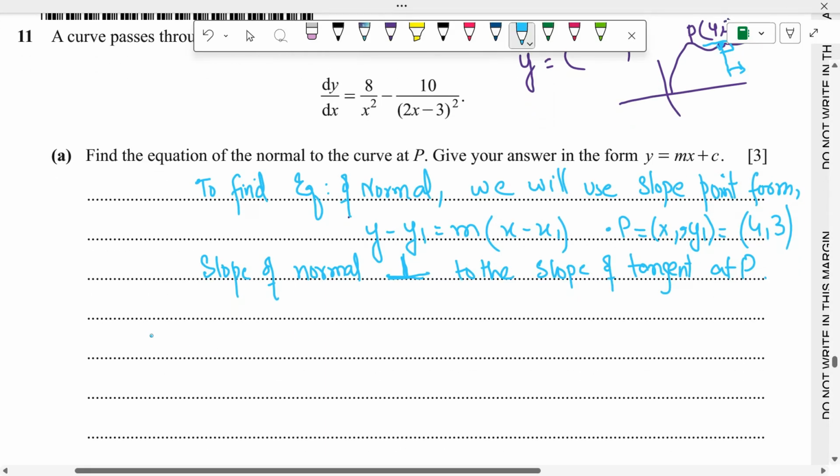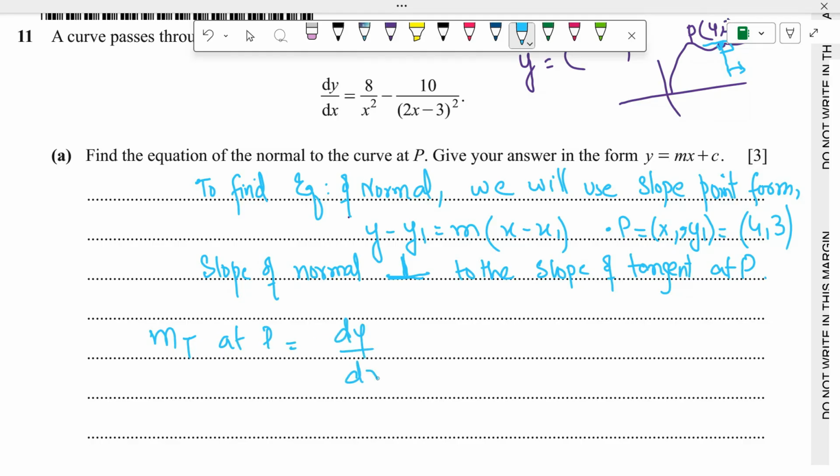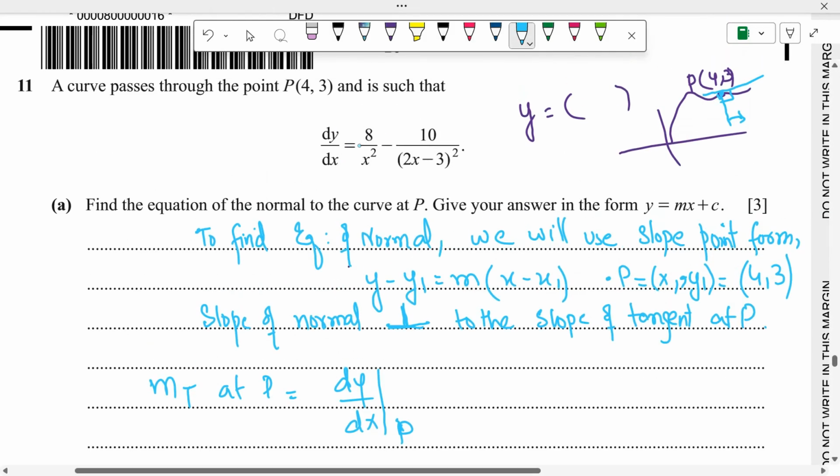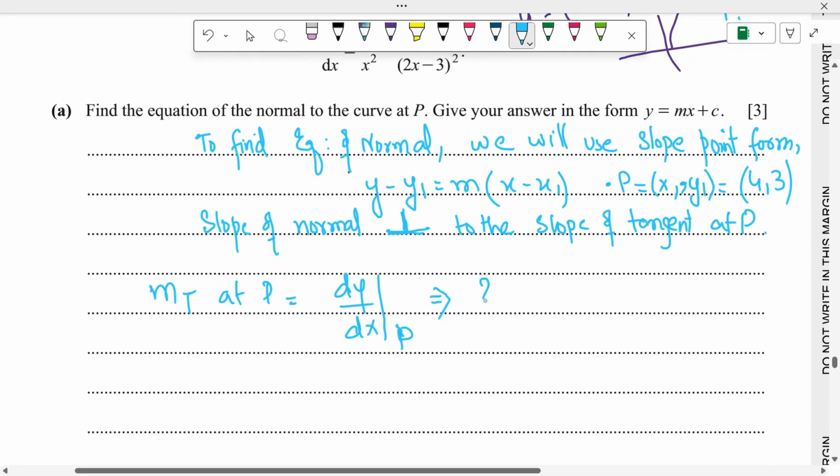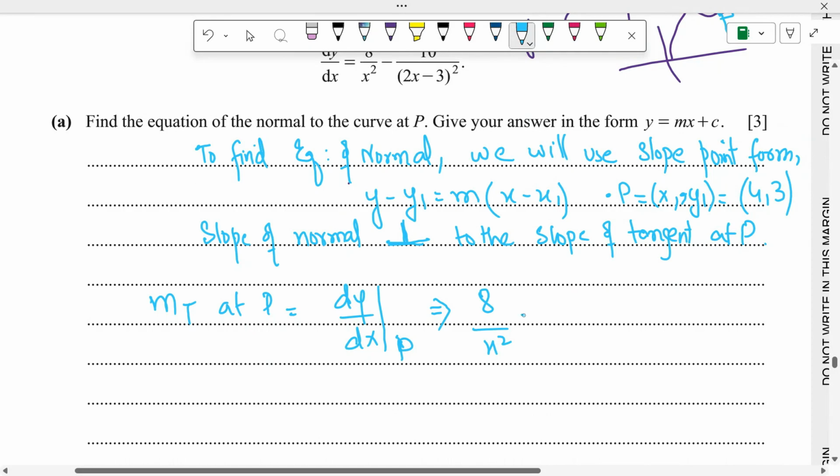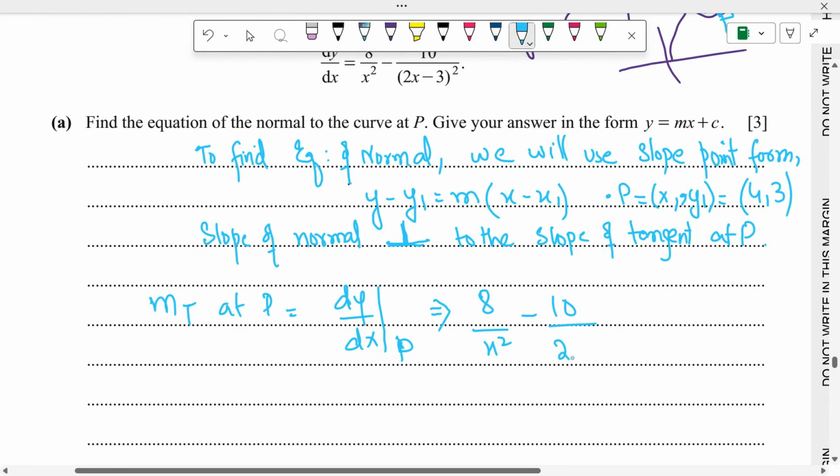So we know that the slope of the tangent at point P is equal to the derivative of the curve with respect to x at that point. We already have the derivative, which is 8/x² - 10/(2x - 3)². When we plug in the value of P, we get the slope of the tangent.